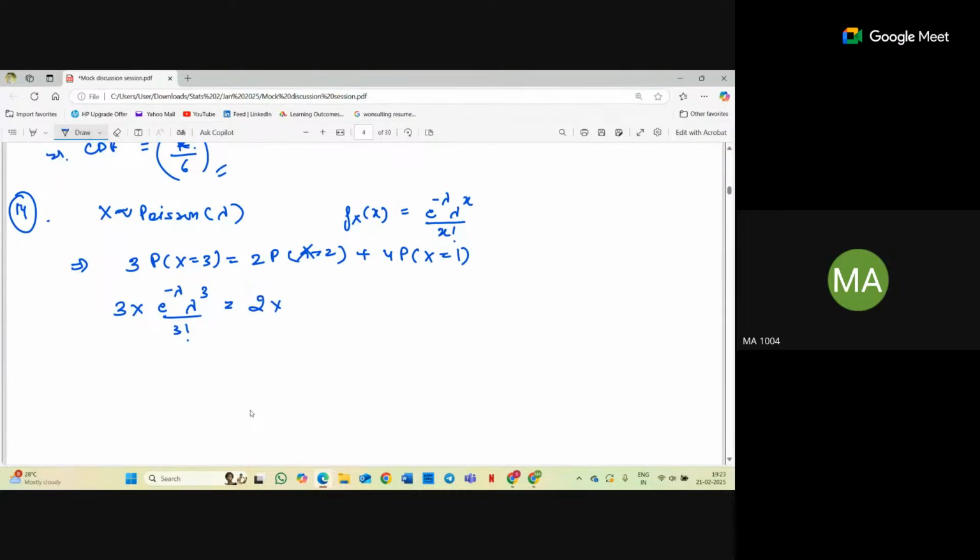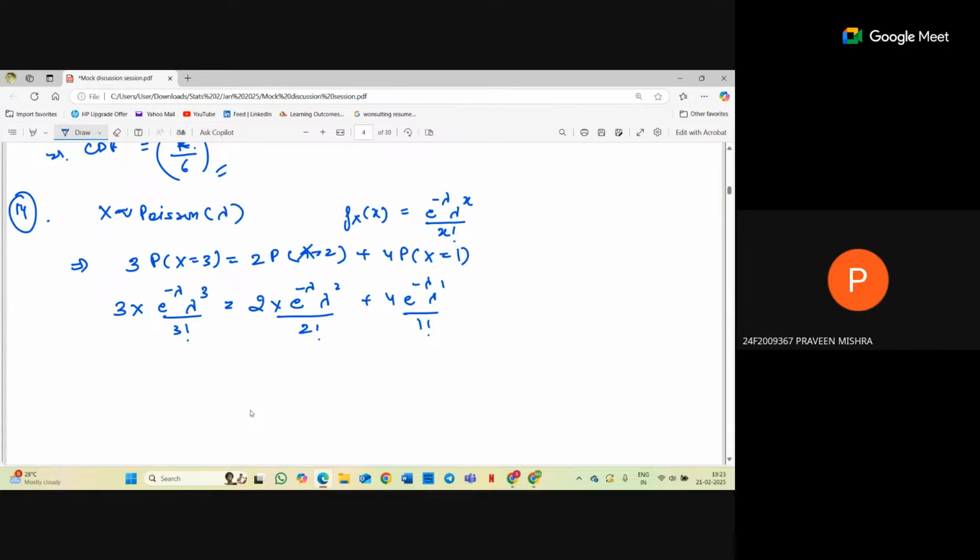Similarly 2 into e raised to minus lambda, lambda raised to 2 upon 2 factorial, and 4 into e raised to minus lambda, lambda raised to 1 upon 1 factorial. Is this step clear to everyone?